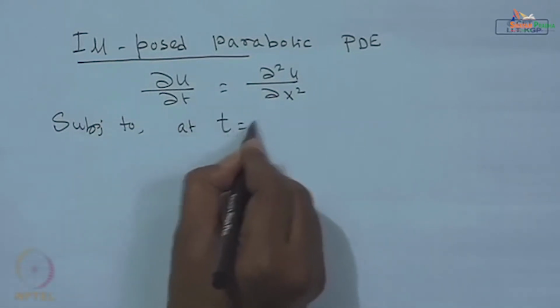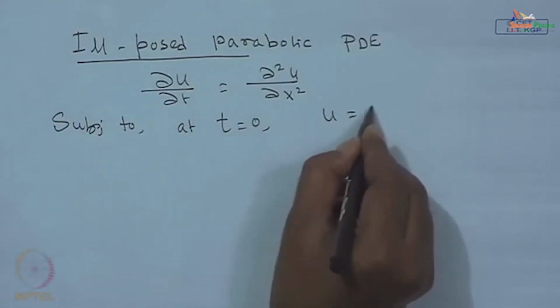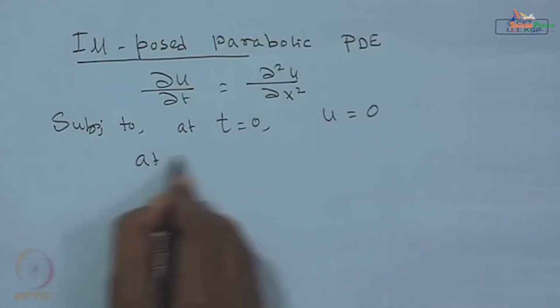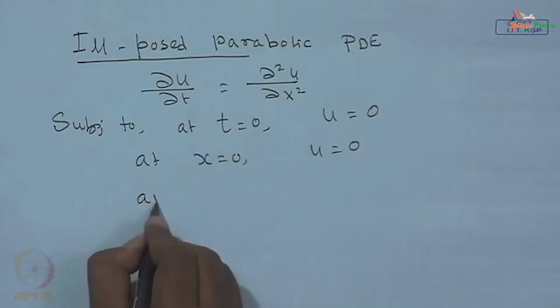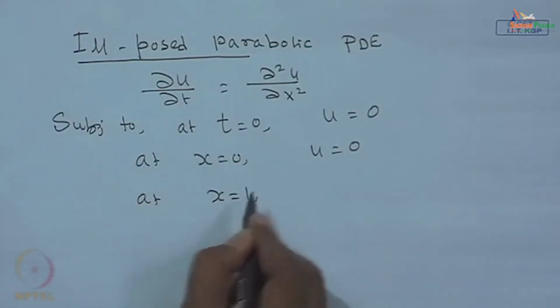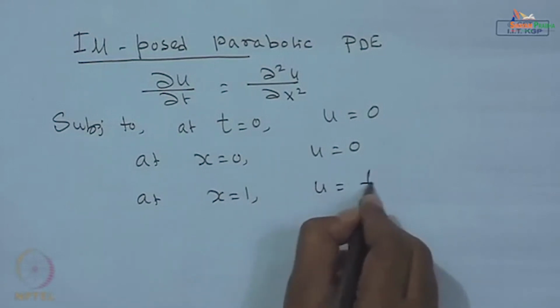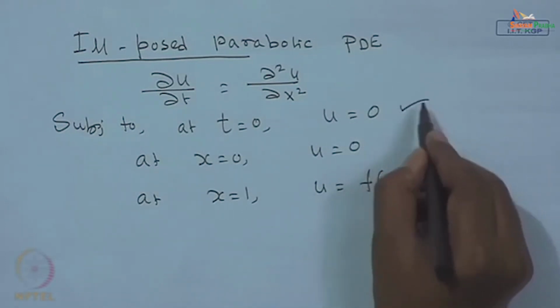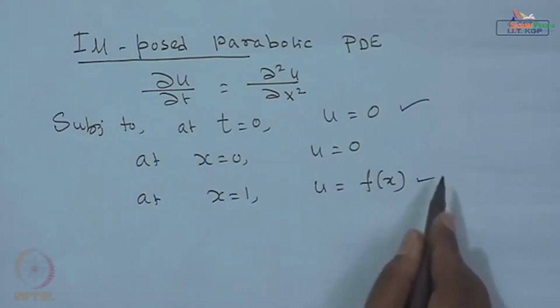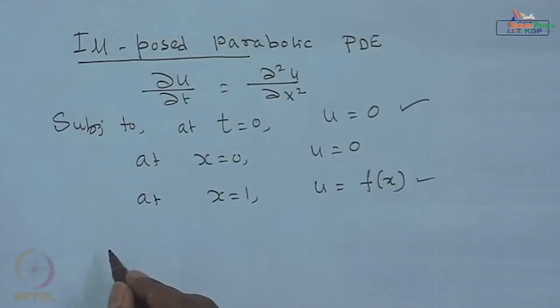At t is equal to 0, u was equal to 0, and at x is equal to 0, we had u is equal to 0, and at x is equal to 1, we had u is equal to f of x. Okay. So, the initial condition is homogeneous and one of the boundary conditions is non-homogeneous.